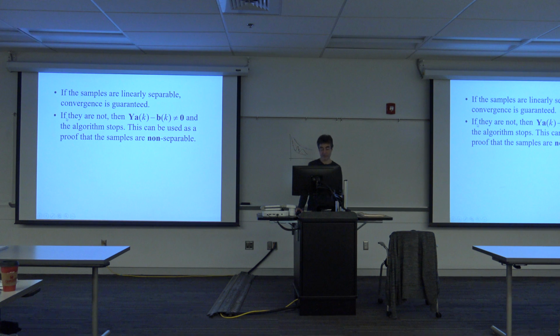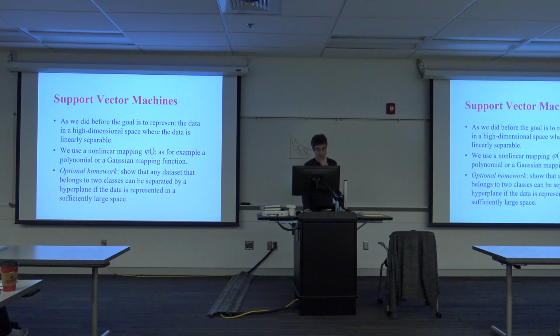But importantly, if the samples are not linearly separable, then this criterion is going to be different than 0, no matter how long you iterate. And therefore, this algorithm can be used to determine whether your samples are linearly separable or not in that kernel space. So that's very useful.